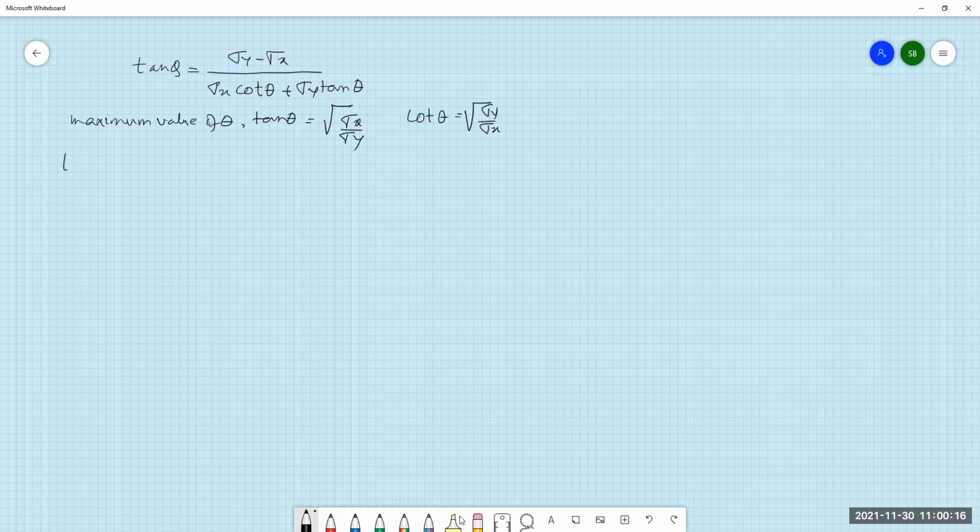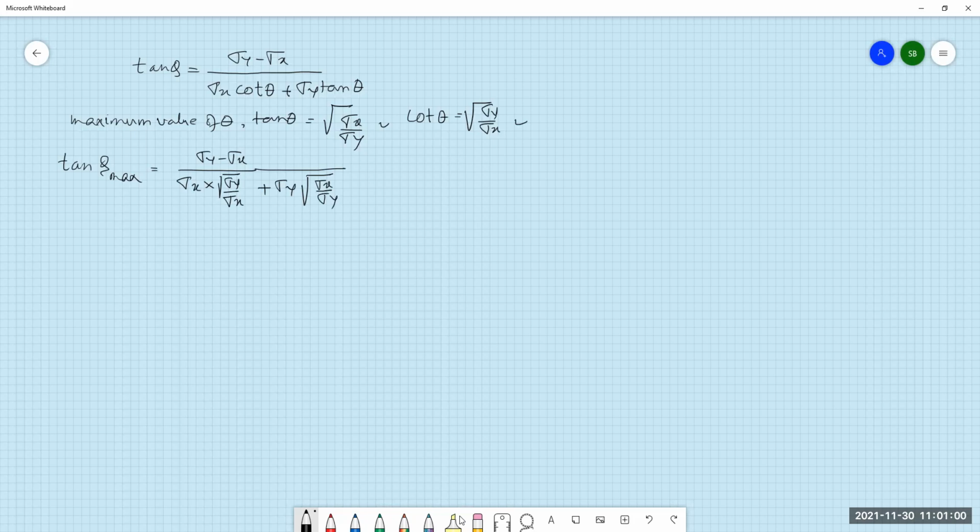Then tan phi max is sigma y minus sigma x divided by sigma x into the square root of sigma y by sigma x, plus sigma y into the square root of sigma x by sigma y.